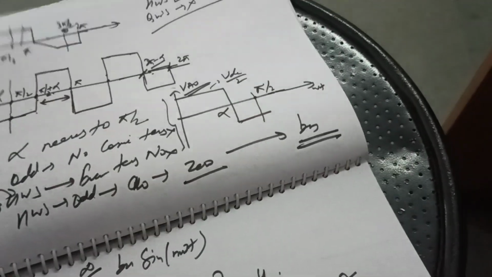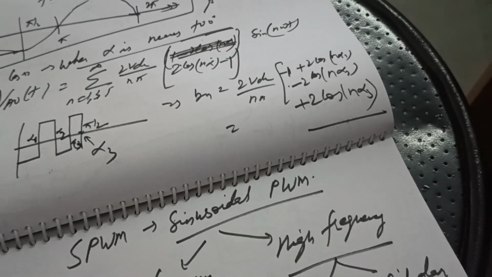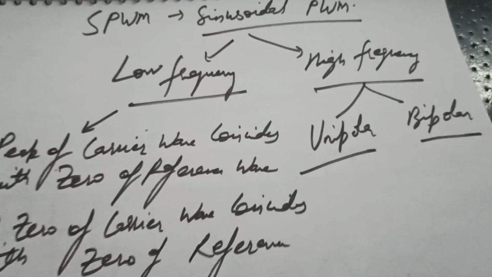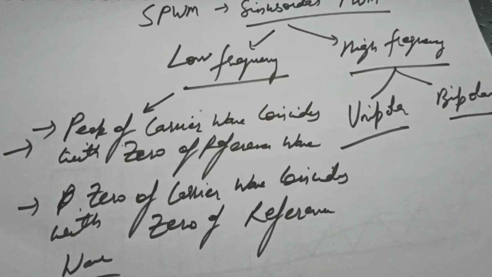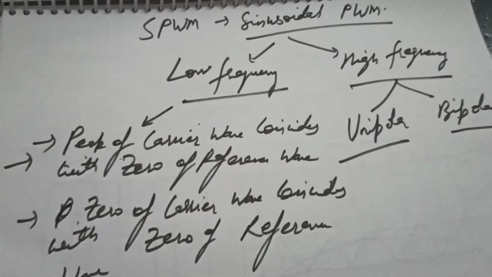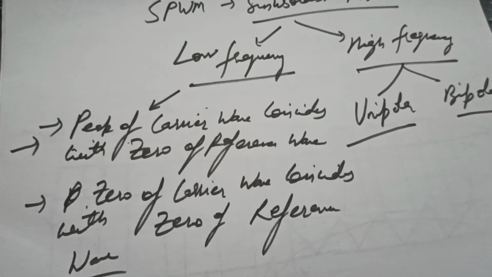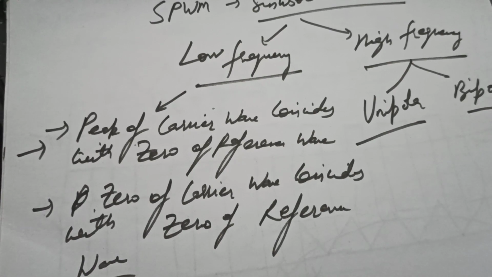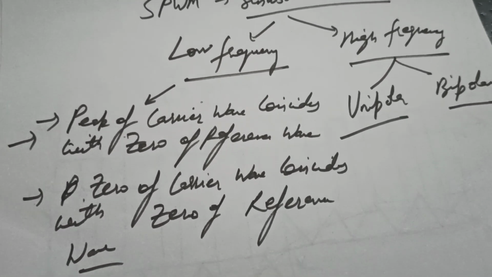So I will straight away go to the, wait a minute, yes, this is it. Again, I am going to the sinusoidal PWM, because if you are clear with Vc greater than Vr for the positive and negative part. Now what will happen in the sinusoidal PWM is that whenever the reference is greater than the carrier, then the switches will be fired.